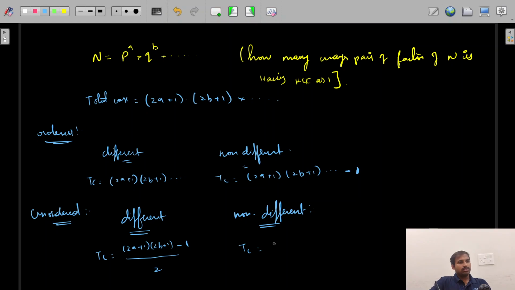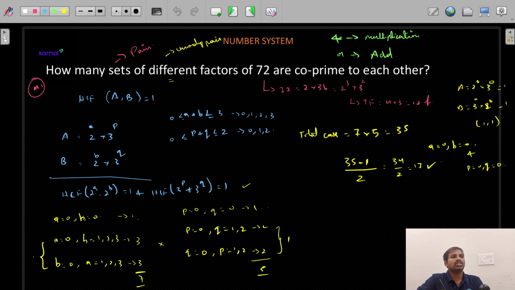And if it is non-different, it is (2a plus 1) into (2b plus 1) by 2. Sorry, here for different only, minus 1 should be there. Here there is no minus 1. The total number of values minus 1. So these are the two different ways we can find the answer directly without doing this manually. But this is how we do the manual way of solving this question.